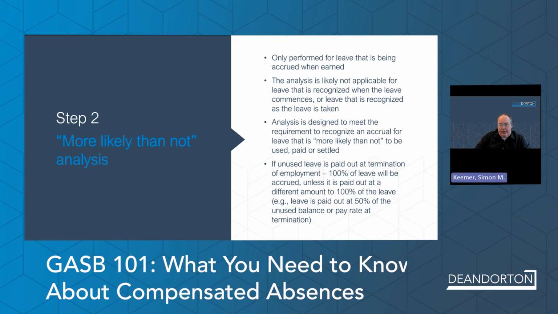There's going to be a bucket of it that is used that gets paid out at 100%, and then another bucket that is going to get paid upon termination, which will only be 50%. And you're going to need to know, how do I split that between what do I accrue at 100% versus what do I accrue at 50%? So just because it's paid out upon termination doesn't necessarily give you the shortcut unless you pay it out at 100% of the leave balance.